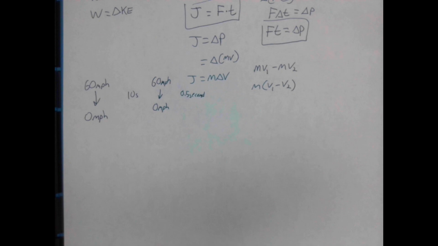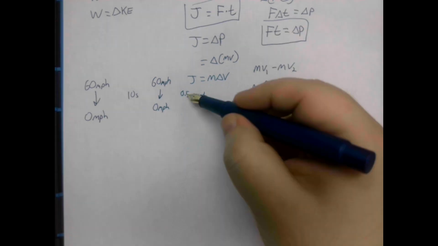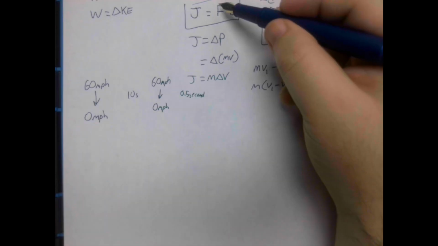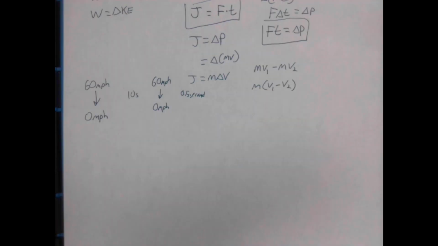As your time goes down, your force has to increase to compensate for it. In this case, it's a factor of 20. This uses 20 times less force than that scenario.